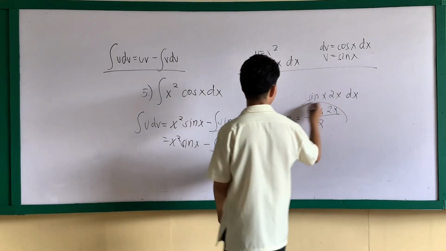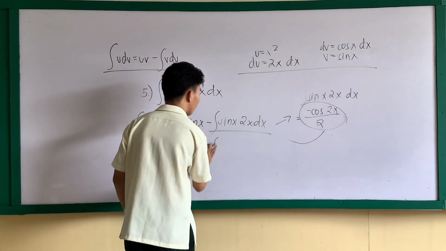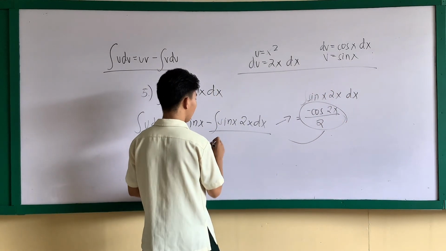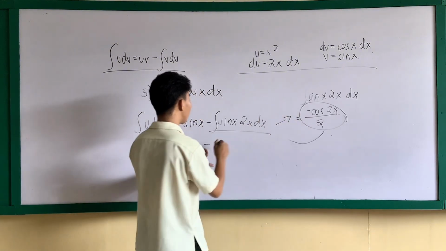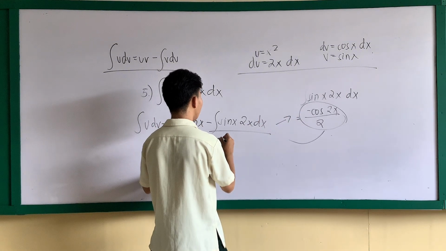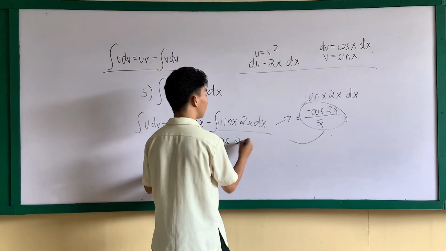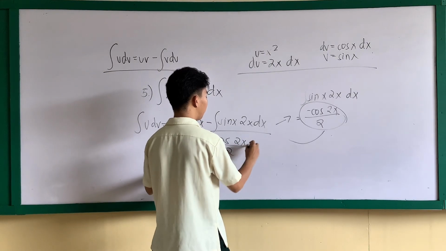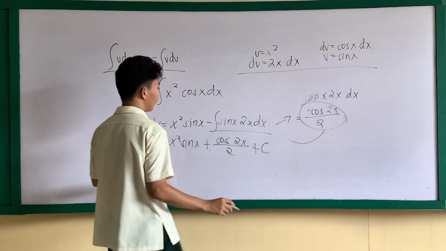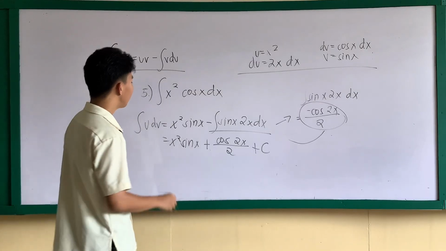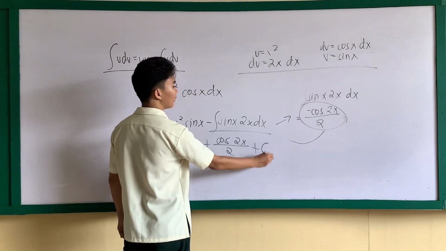So we can substitute this here. Since negative times negative, it will be positive cosine x over 2 plus c. So here's our final answer.